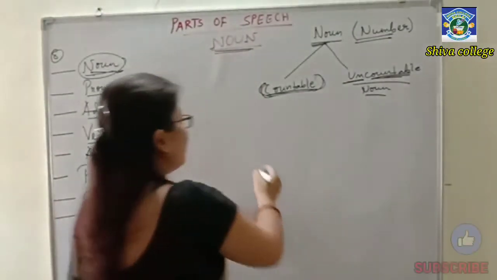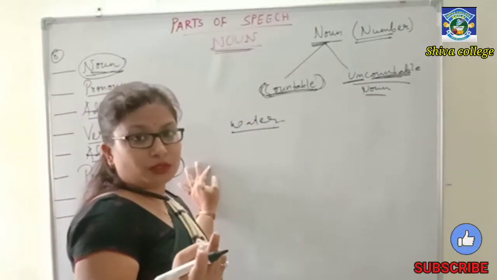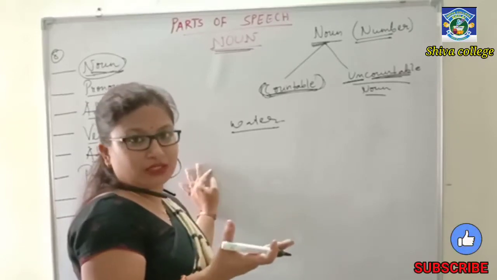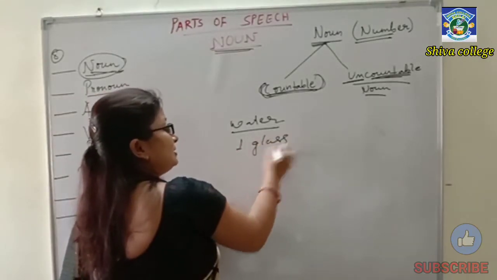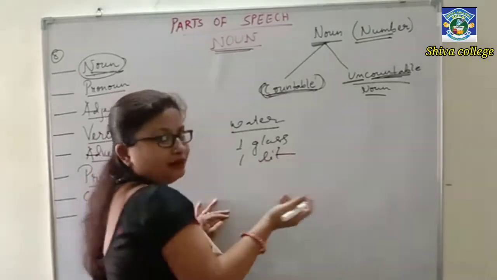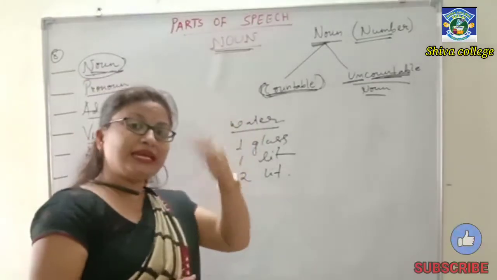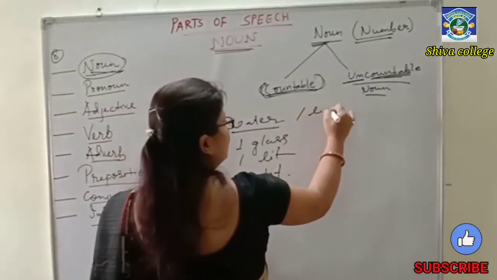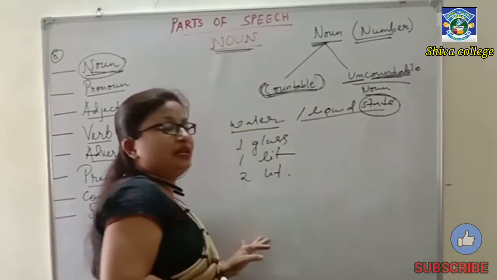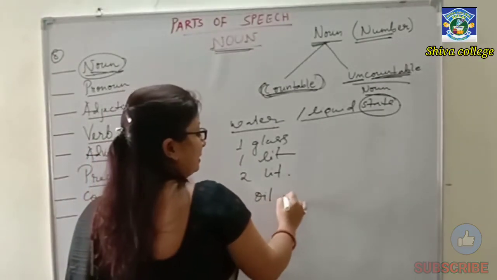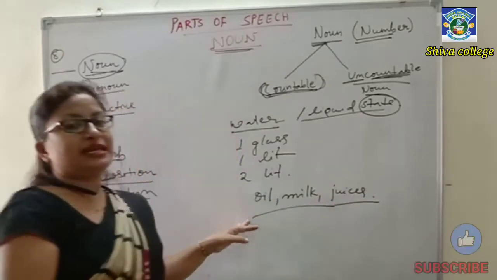As a whole means how? Water. Water, you don't say 1 molecule of water, 2 molecule of water, give me 1 molecule of water. Do you ask water in this way? No. So how will you ask? You will ask 1 glass, 1 liter, 1 gallon, 2 liter. So in this way you will ask for water or any other liquid things, like anything which is in liquid state, like oil, like milk, like juice, so all these things are in liquid state.